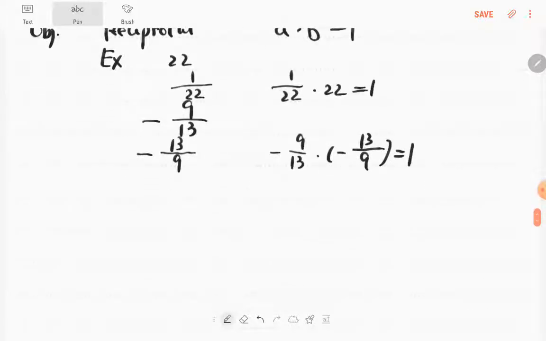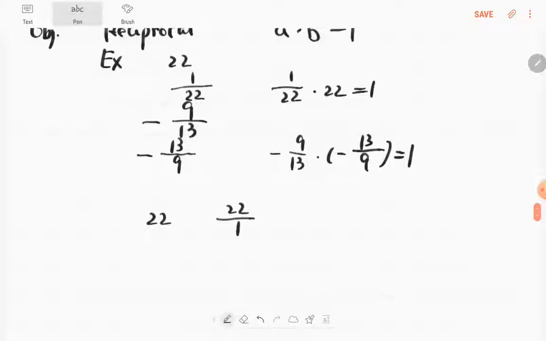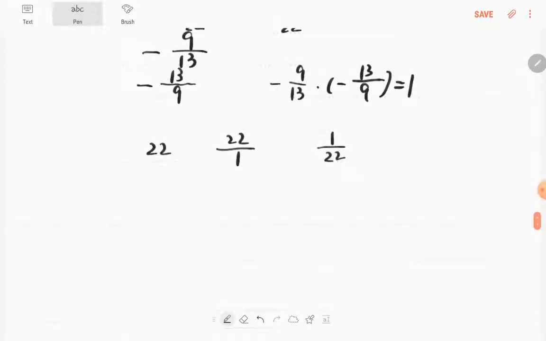So basically, we only need to treat each number as a fraction. For example, we can treat 22 as the fraction 22 over 1. Agree? And how can we find the reciprocal? We only need to change the order of denominator and numerator. So that's it. That's the basic rule to get the reciprocal.